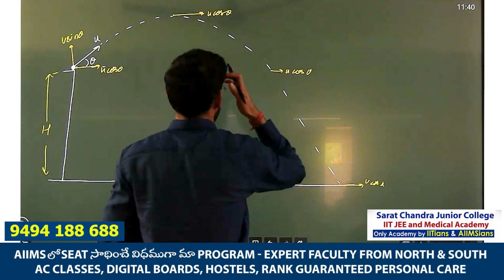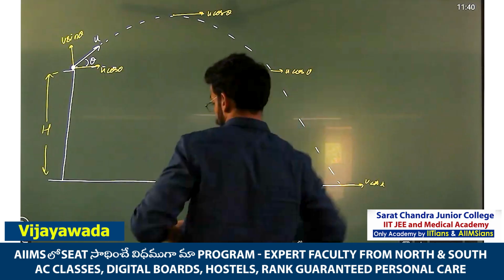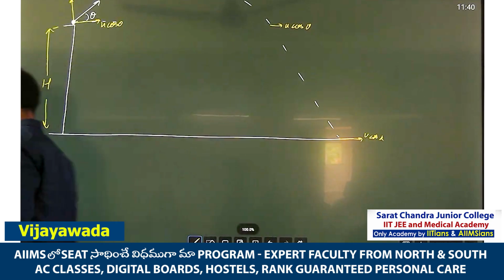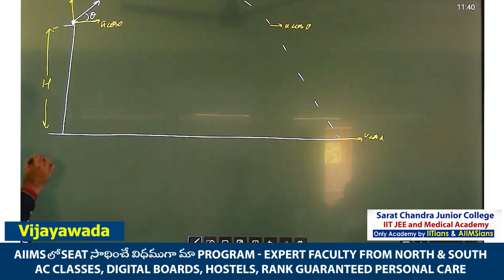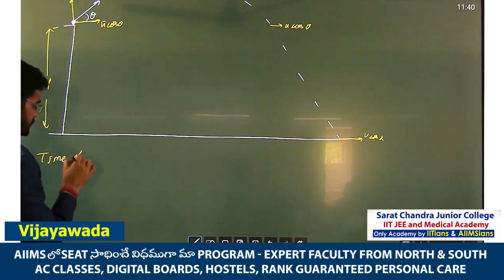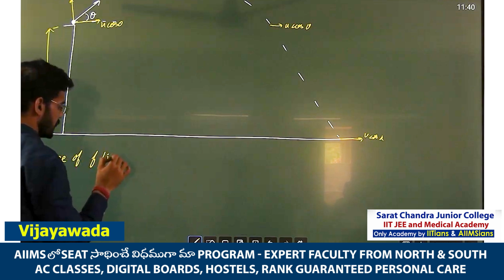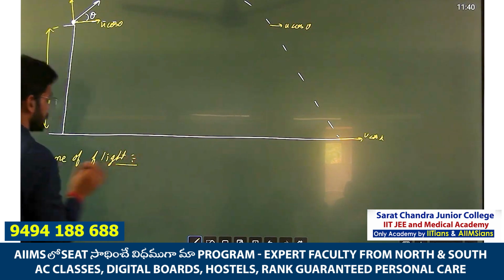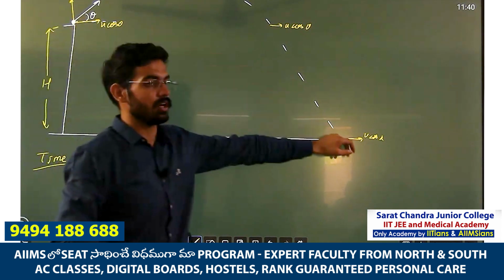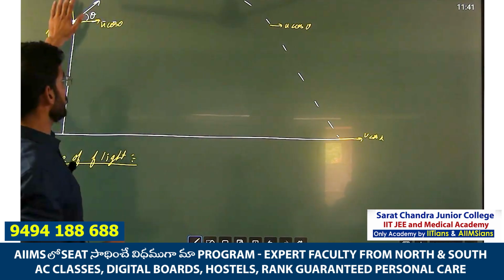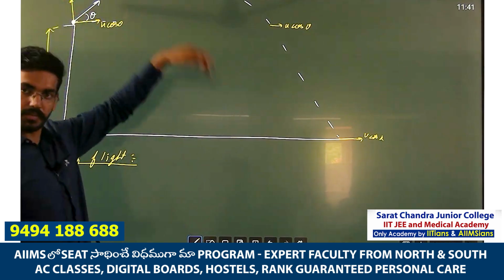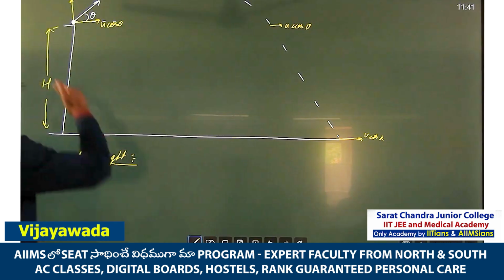Fine. So first of all is time of flight. How will you solve it? In the vertical direction, between this point and this point. What do you know in vertical? Initial velocity u sin theta, gravity and displacement.